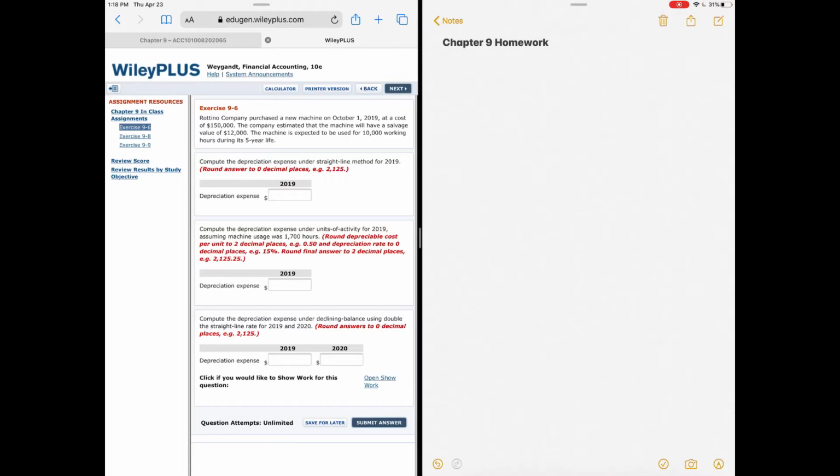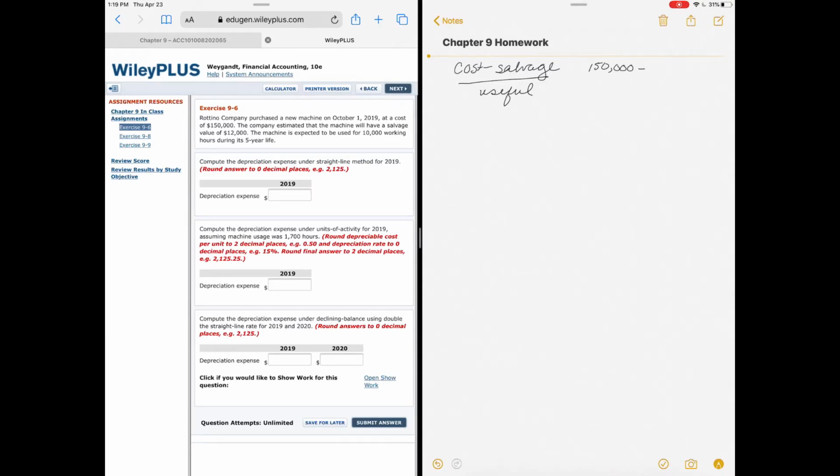So let's look at this for the straight line method. Remember, our equation is cost minus our salvage value, and we're going to divide that by our useful life. And we're going to get the same amount each year. So for this straight line method, we'll find our cost, which is $150,000.